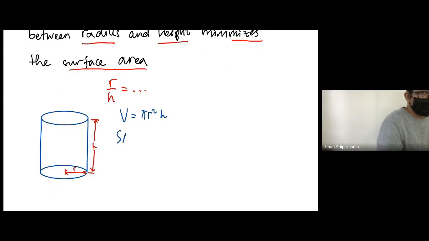And the surface area is two circles plus 2 pi r h, the part covering the periphery, the sides.